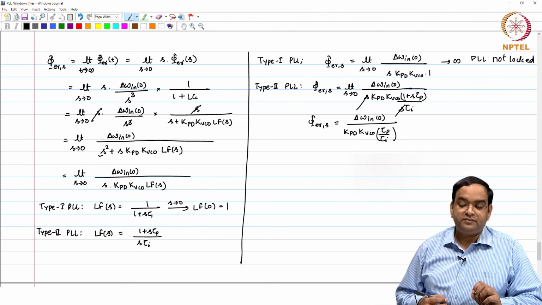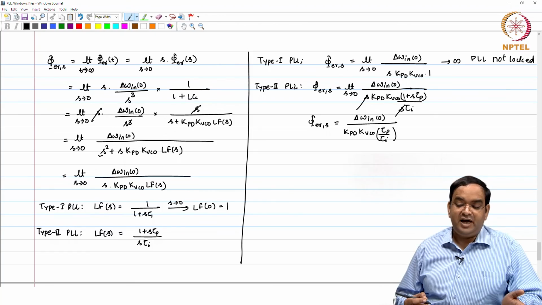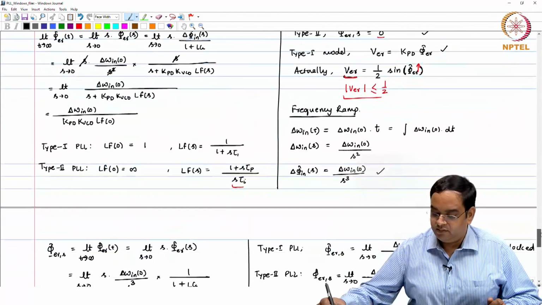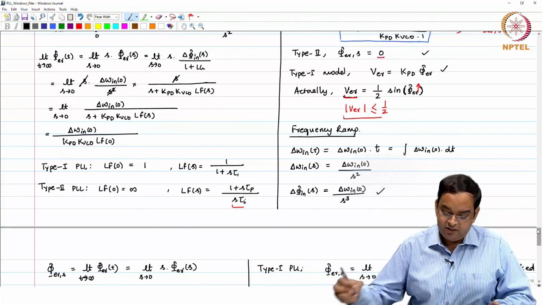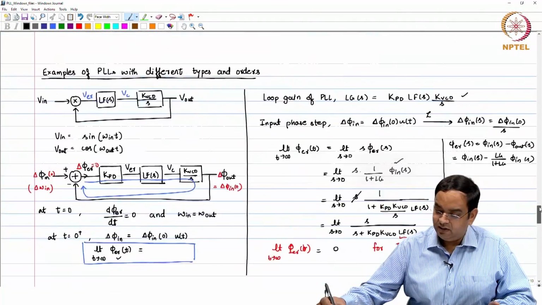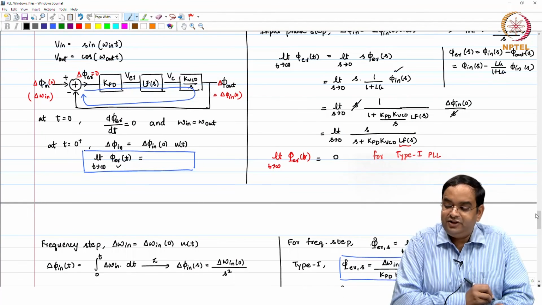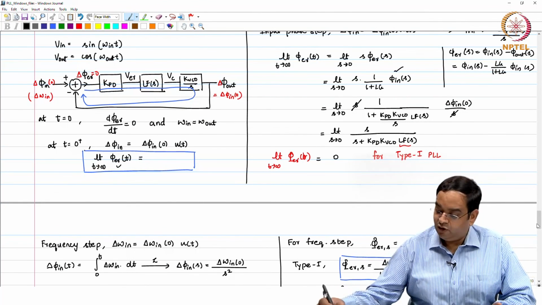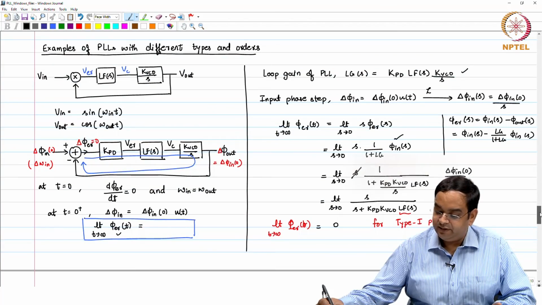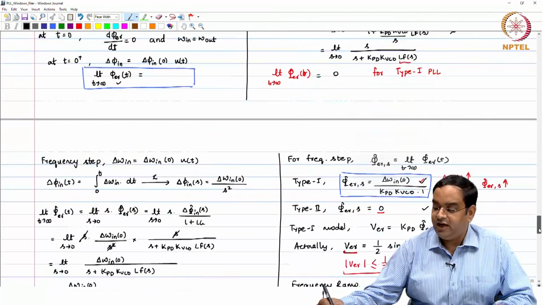Okay. So, this will be the fixed value which you have. So, we can just look at it here. For type 1 PLL, for phase step, you had 0 phase error. For type 2 PLL, that also has 0 phase error, whether it is type 1 or type 2.